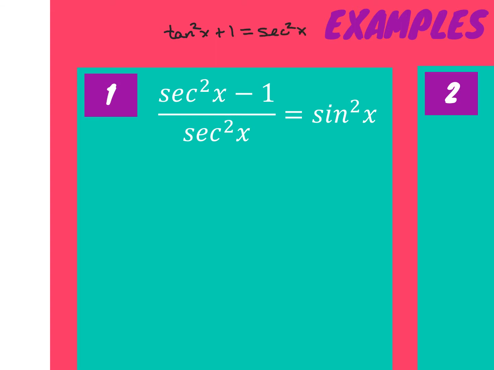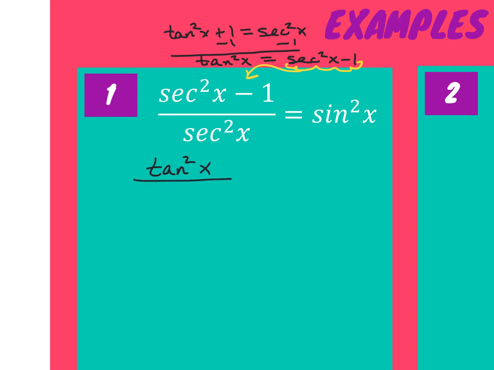Now, when I showed you this before, remember, be able to manipulate this. So what I'm going to do is subtract 1 from both sides, and I get tangent squared x is equal to secant squared x minus 1. Notice this looks like this. So I can substitute now, and my new numerator becomes tangent squared x.